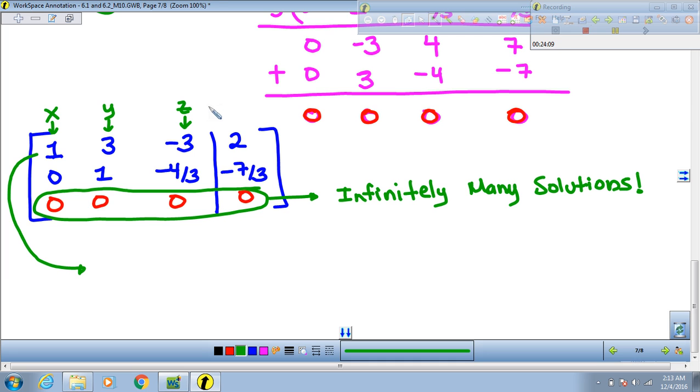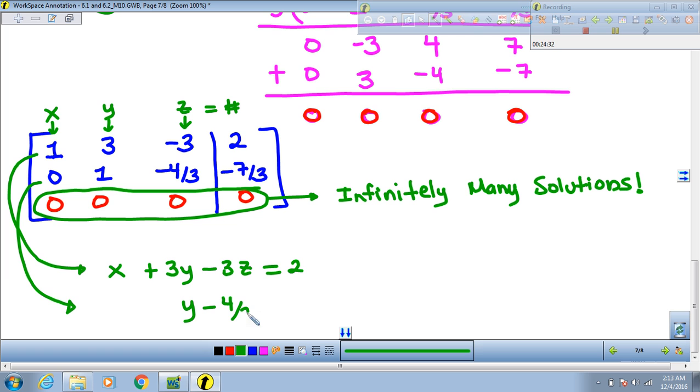The line represents your equal sign, and then you have your numbers over here on this side. So you have 1x plus 3y minus 3z equals 2. That's the first equation. Second equation, there's no x, there's just 1y minus 4 over 3 z equals negative 7 over 3, or negative 7/3.